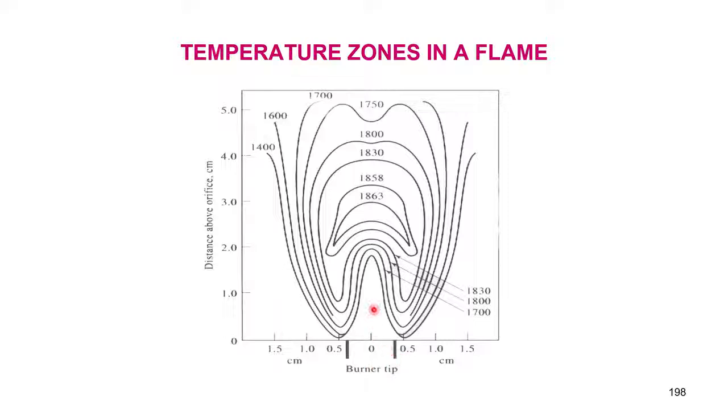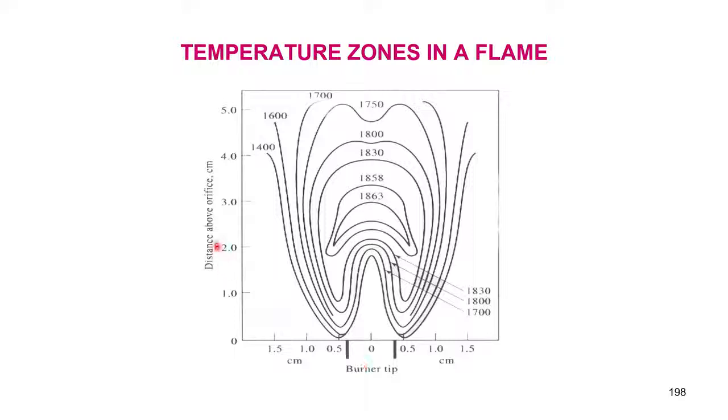This is the center of the flame, this line, and at 0.5 centimeter, what is the temperature, at 1 centimeter, what is the temperature along this line, and at 1.5 centimeter, what are the temperatures, they have been plotted here. Our interest is to know where we get maximum temperature, so that we can make our hollow cathode lamp radiation pass through in that space.